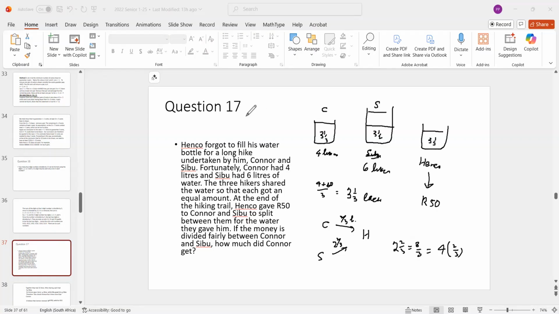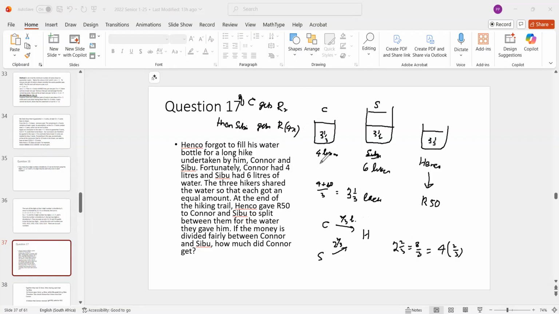So in other words, if you want a fair distribution, if Connor gets X, if C gets X rands, then Sibu, that's your S, gets 4X rands. Because Sibu gave Henco 4 times more than what Connor gave.